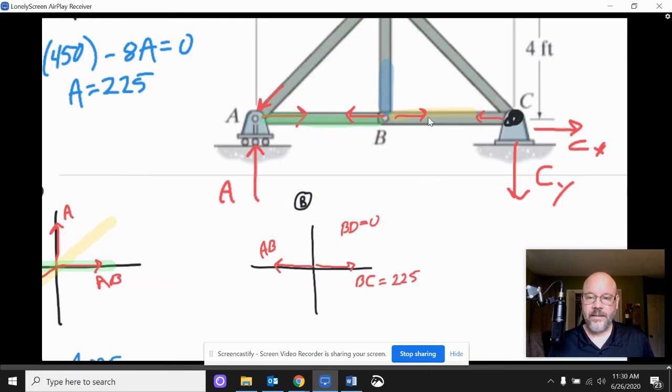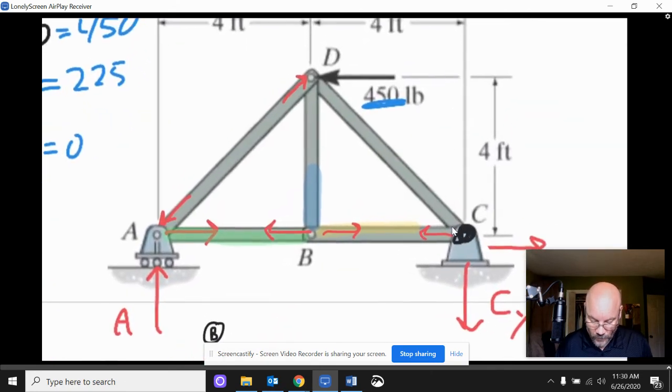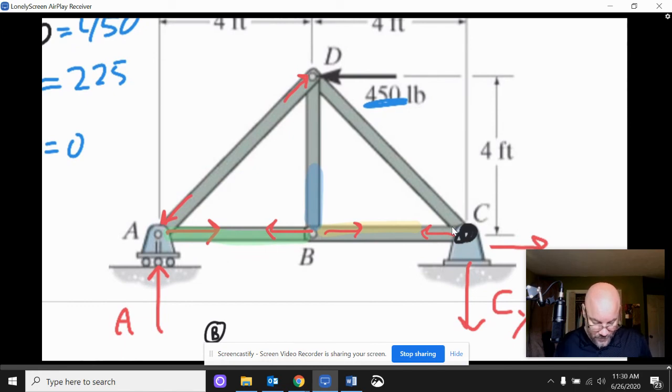There we go. So now we've got this guy, BC, and BD, we said is equal to 0. Now, I want to talk just a little bit more about BD, okay? Because there is a pattern. Okay, let me see if I can just get rid of some of this highlighting. Okay, there's a pattern here.